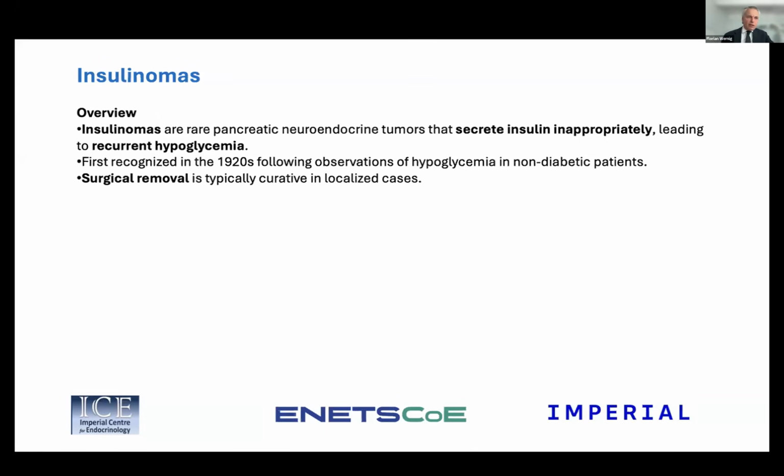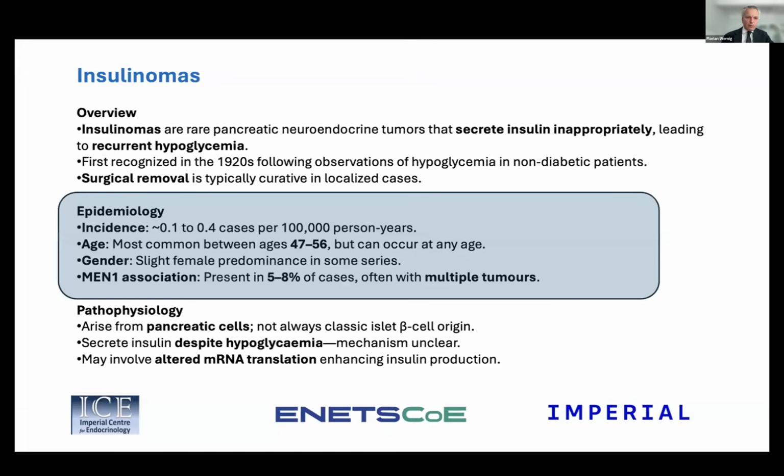And usually the curative treatment is surgical excision of the tumor. The incidence is 0.1 to 0.4 cases per 100,000 person years. And they commonly occur around the age of 40 to 56, but can occur at any age.